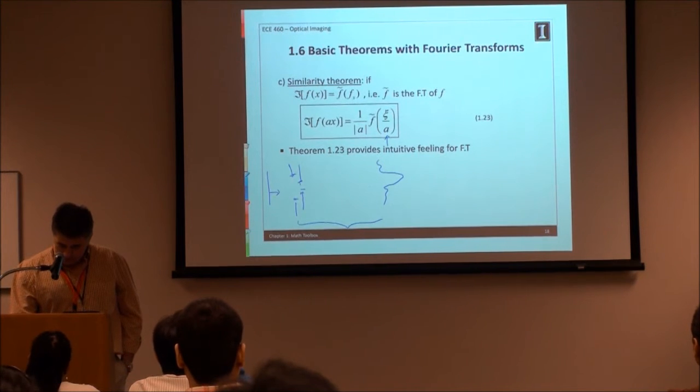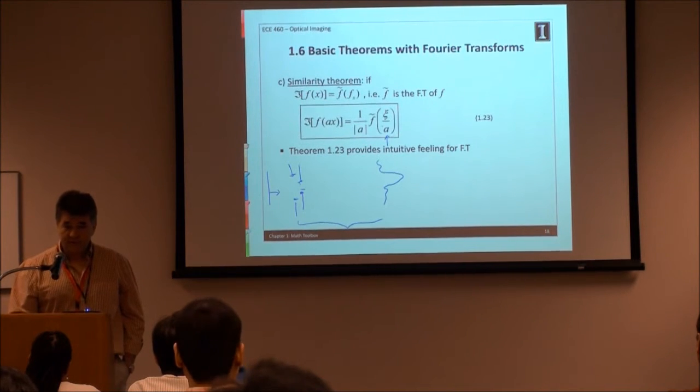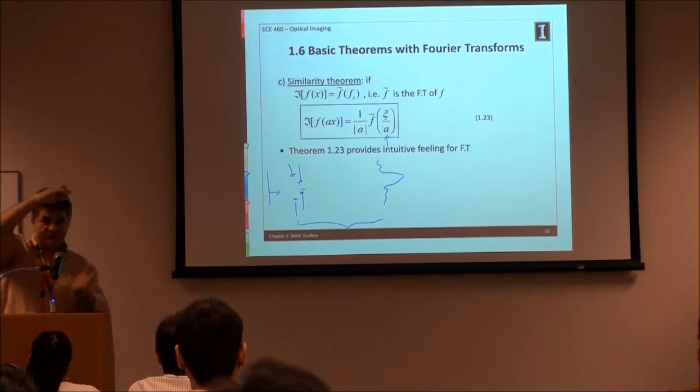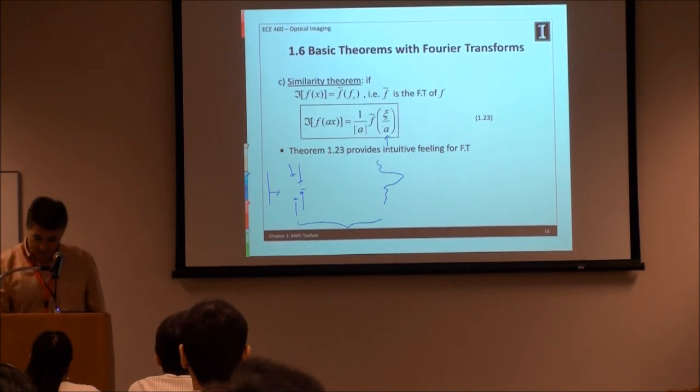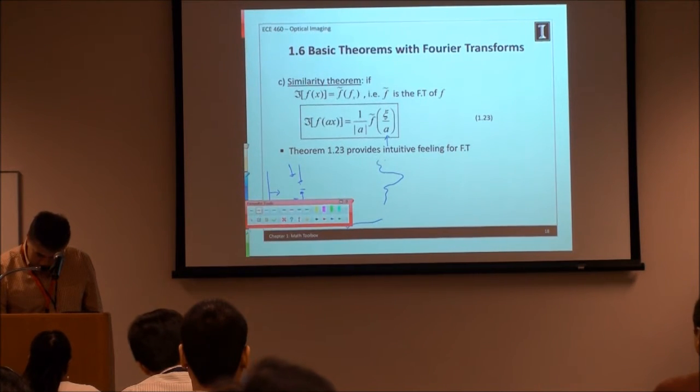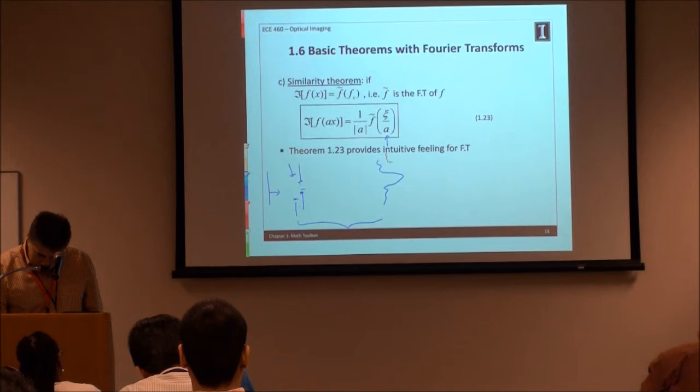So now I close down this slit, and I'm trying to understand the diffraction pattern of that. What this theorem tells me is that if I reduce the size of the slit by a factor of 2, the Fourier pattern actually, hey, I have colors by the way, goes the other way by the same factor.